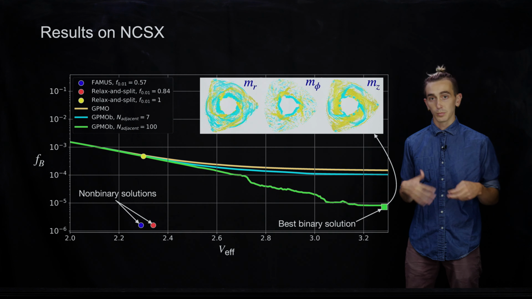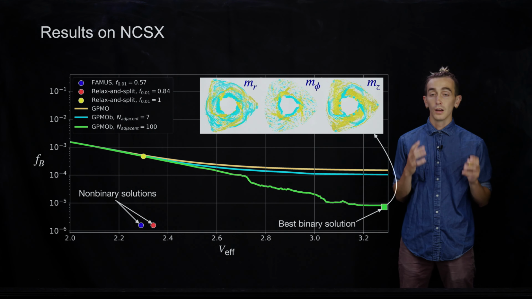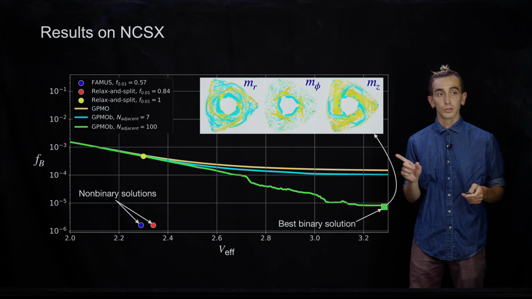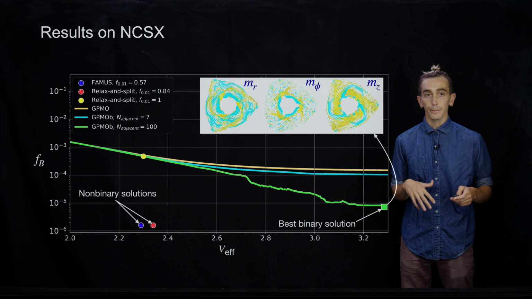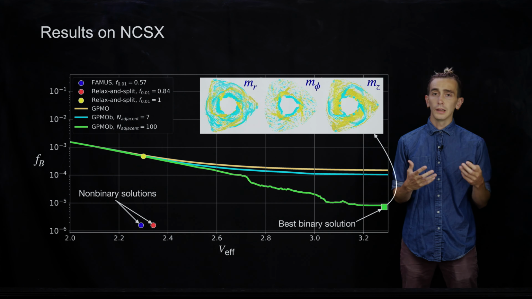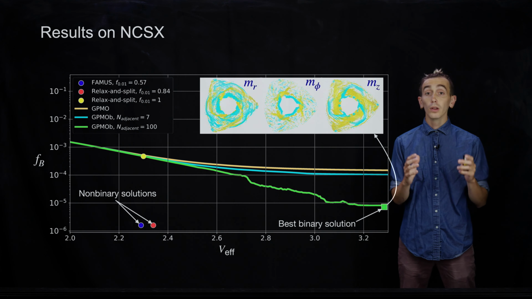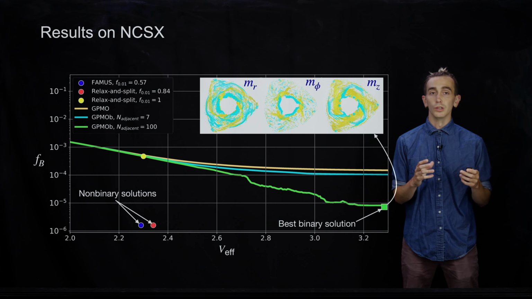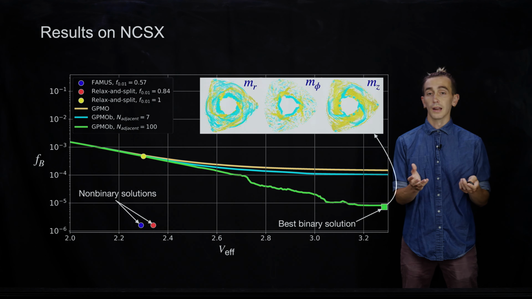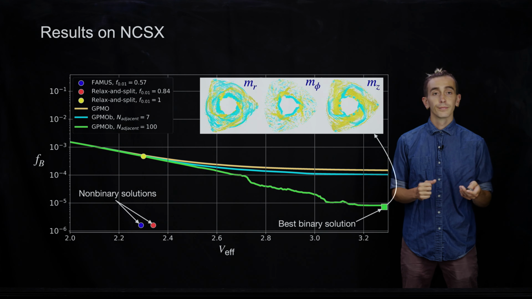This is actually the best binary solution generated to date on this grid by about 2 orders of magnitude. So we're really pleased that our greedy algorithms with some basic error correction can give us fully binary, fully grid-aligned solutions that are the best that have been generated to date.